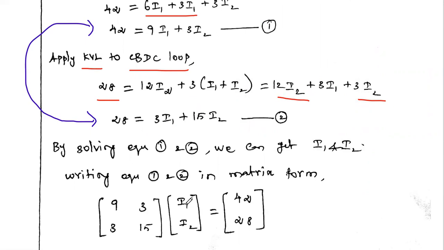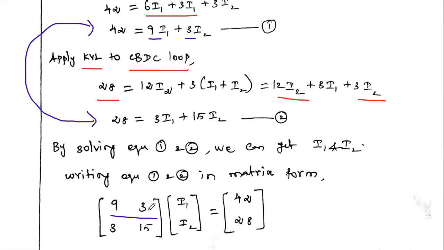So you write I1 and I2 in a column. Then in the first row, in the first equation, what is the coefficient of I1? 9. So you write 9 in the first row, first column. Then what is the coefficient of I2? 3.